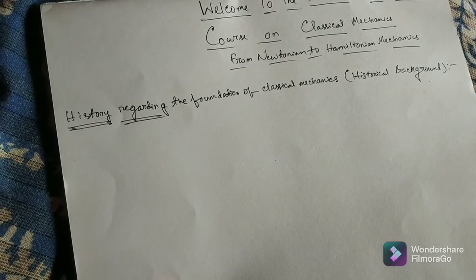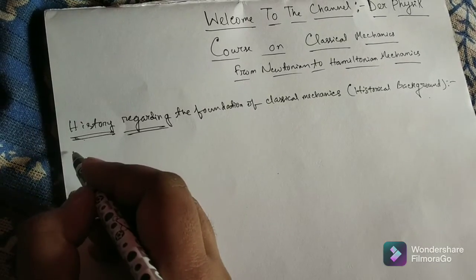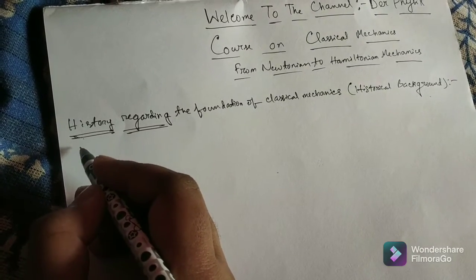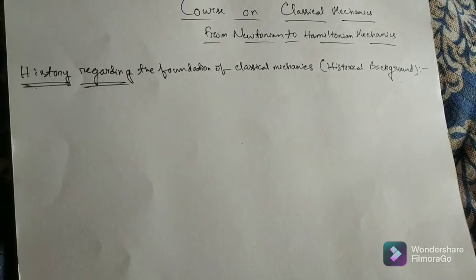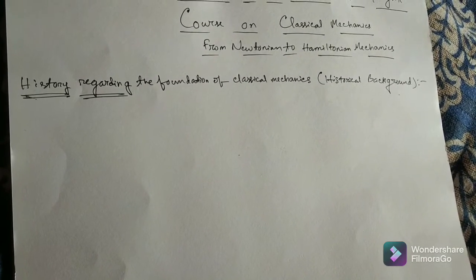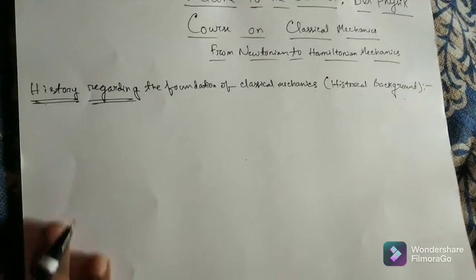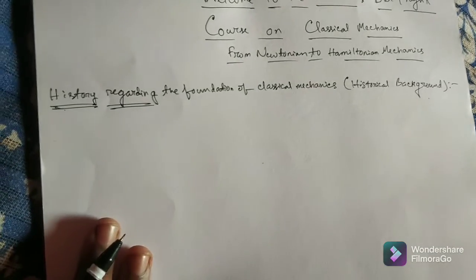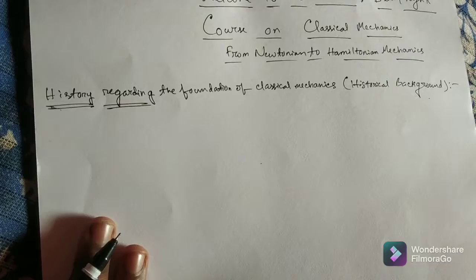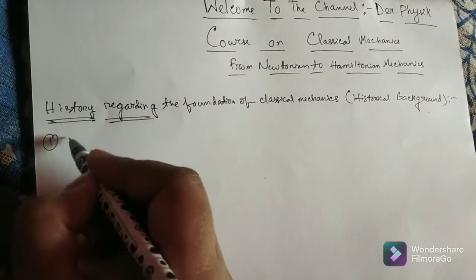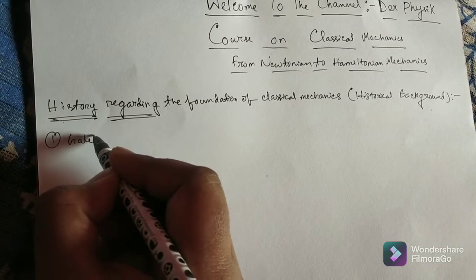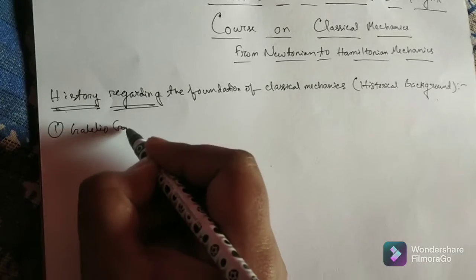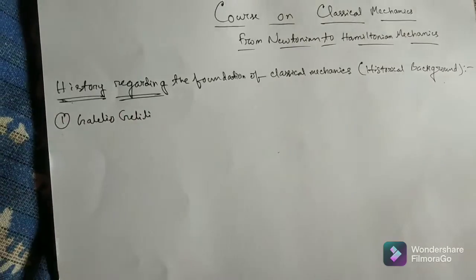So, classical mechanics starts with the first scientist who founded classical mechanics and gave the fundamental idea of what we call the inertia of a body, and that is no one but Galileo Galilei.